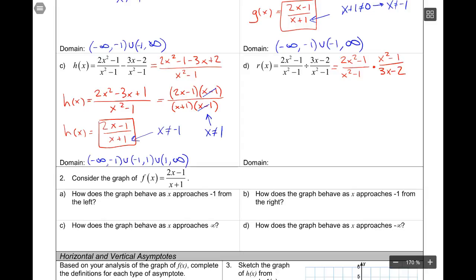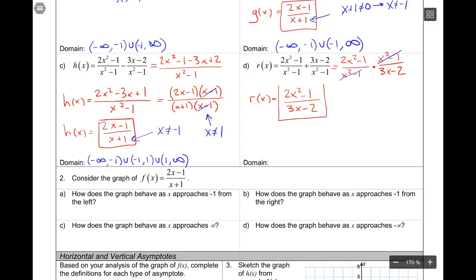Well, there are some nice things that happen there. I have this x squared minus 1 here and here, numerator and denominator, and those cancel. So what I'm left with now is r of x equals 2x squared minus 1 divided by 3x minus 2.